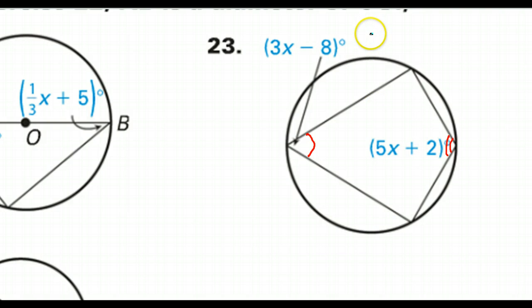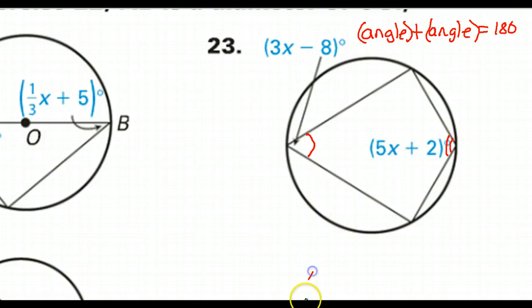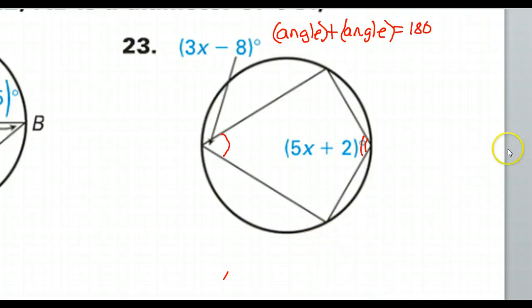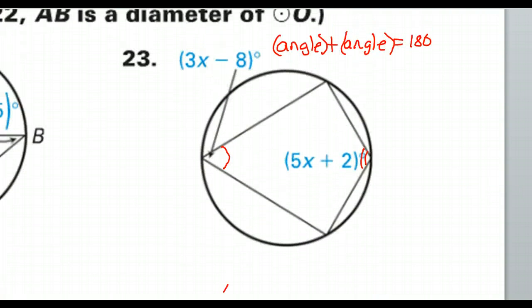So I'm just going to set up an equation that's basically saying that the first angle plus the opposite angle should equal 180 degrees. But instead of the word angle, I'm going to put in these expressions to represent those angles. I'm trying to see where I have room to do this.